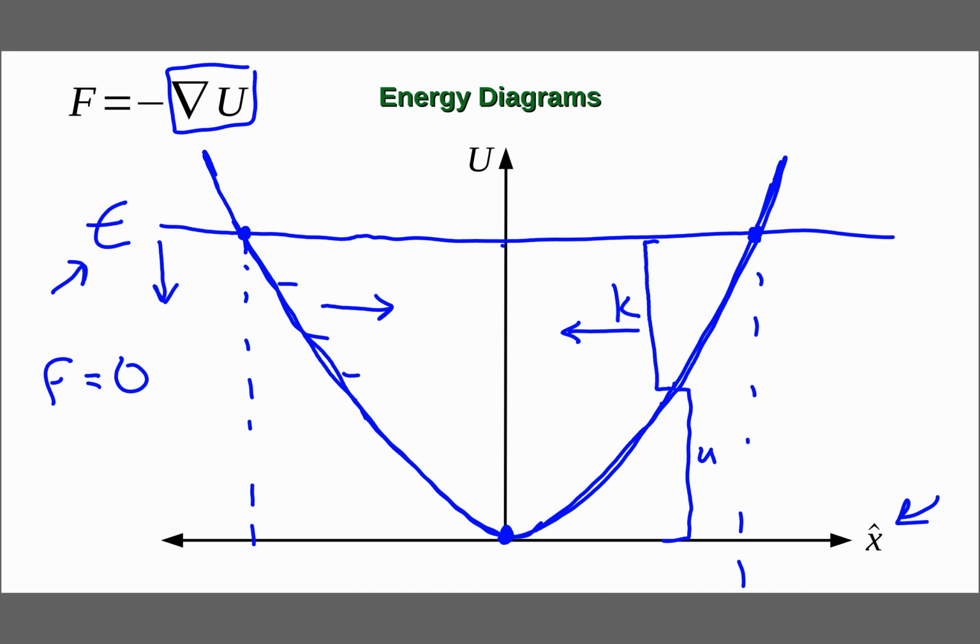So a really nice example of this is a marble in the bottom of a nice round bowl. You can imagine if we have this nice round bowl, and we have a marble in the bottom, if we displace the marble by some amount up here, there's always going to be a force that pushes it back to the center, right? And if we displace it up here, there's always a force that pushes it back to the center.